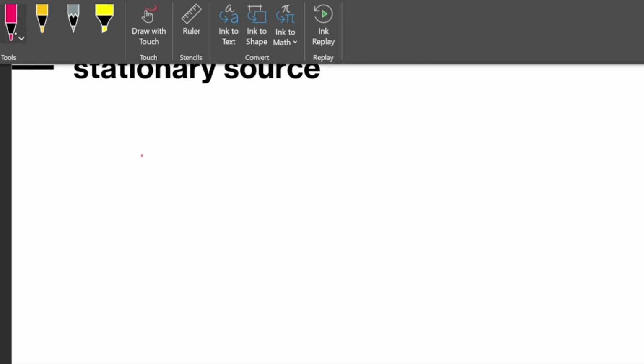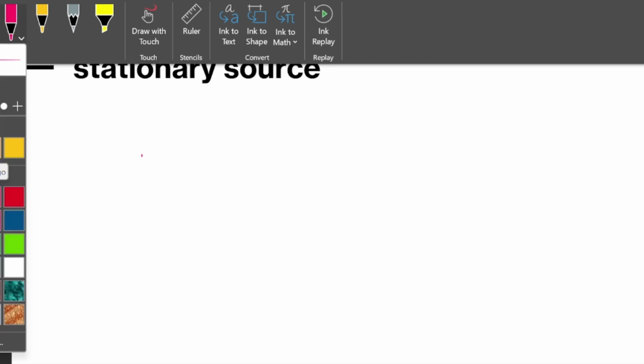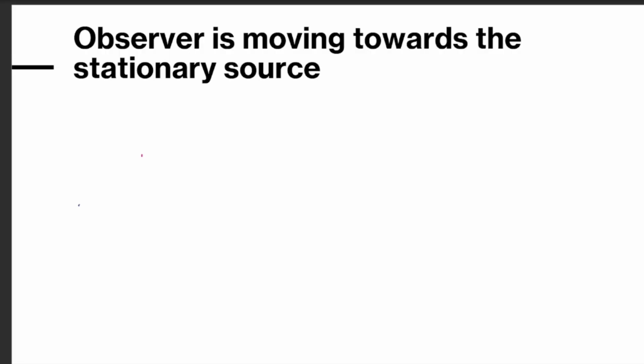Let me change the color of the pen. I'll come to the last pen used. So here, this is our source and here is the observer. The observer is now moving towards the stationary source.